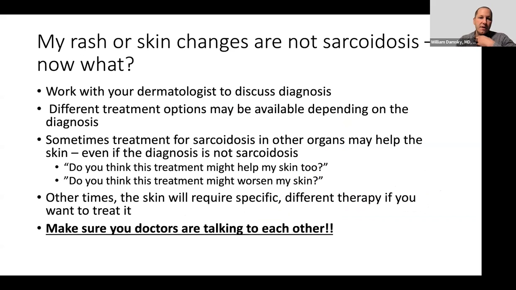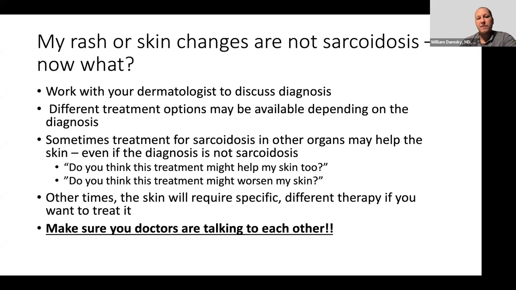So I just wanted to first address, let's say you're a patient that has sarcoidosis and you're worried you have sarcoidosis in your skin, and you go to see a dermatologist and they do a biopsy, or maybe they just look at your skin and don't do a biopsy, and they think that it's not sarcoidosis. Well, what you really should do, because we don't encounter this uncommonly, is one, make sure that you understand the diagnosis.